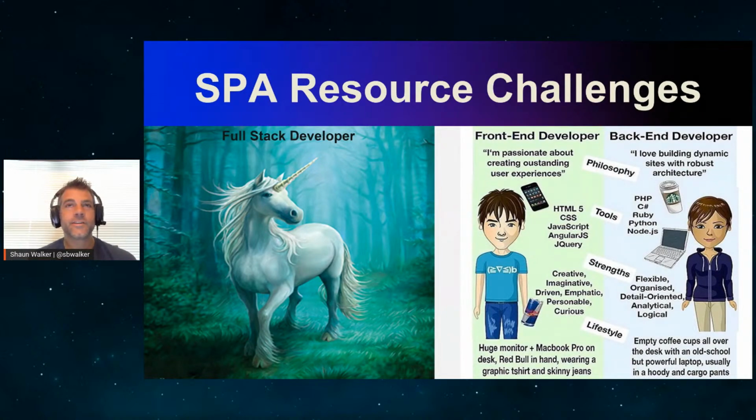And from a customer perspective, that means the size of the team that's required to build your applications has maybe not doubled, but it's certainly grown quite significantly. That means the cost of developing applications has gone up. And so those are some of the resource challenges that exist today because of the difference in the technologies that are being used on the front end and the back end.